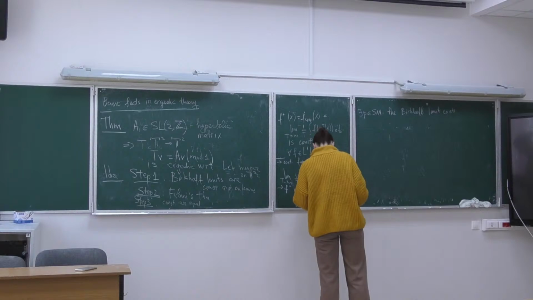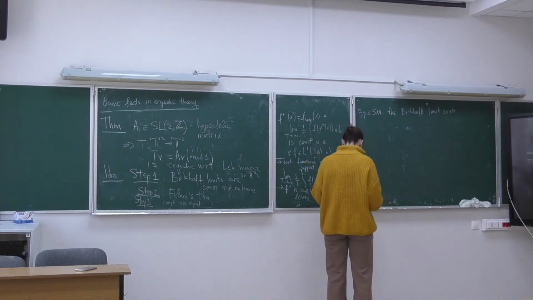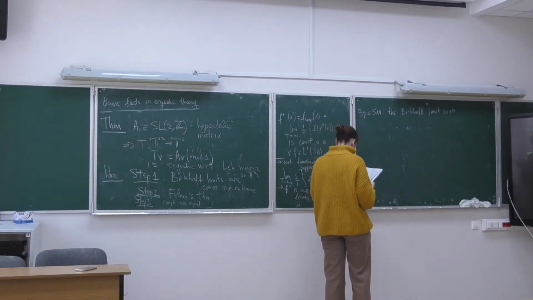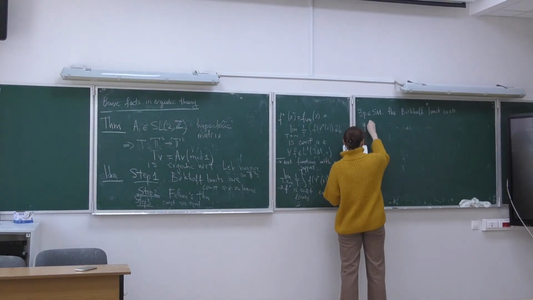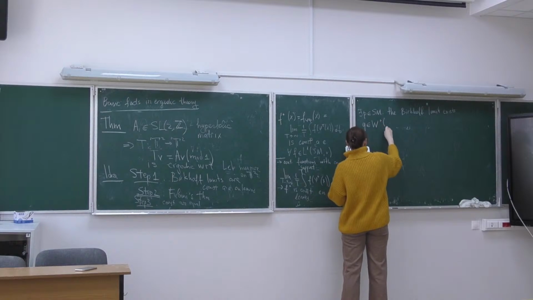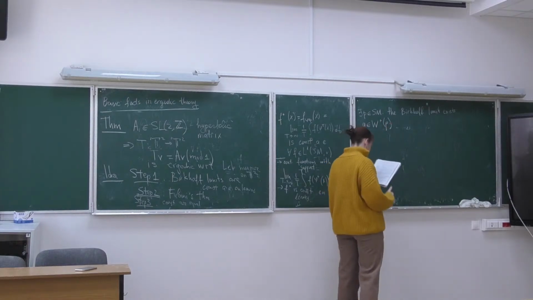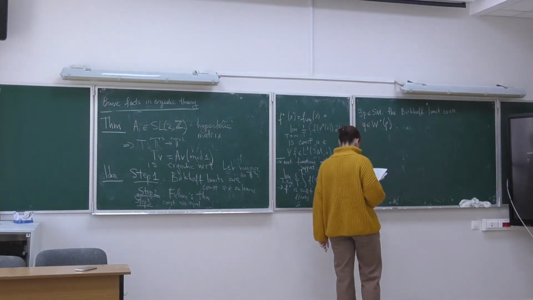Okay, now we say that it should also exist for all Q on the stable leaf passing through P.